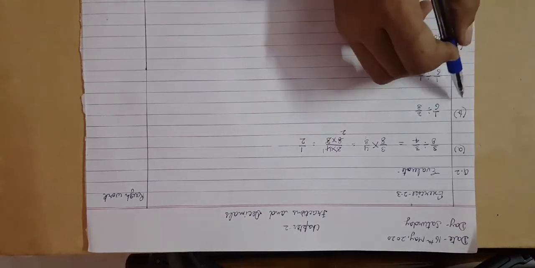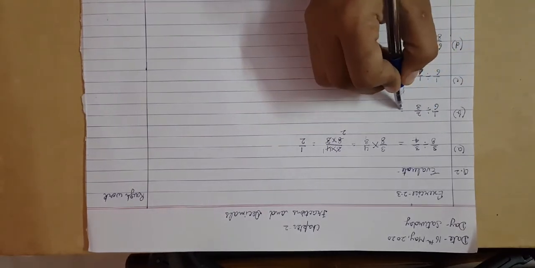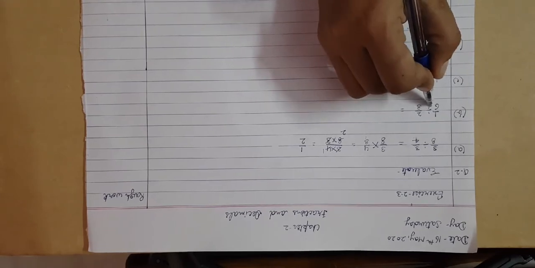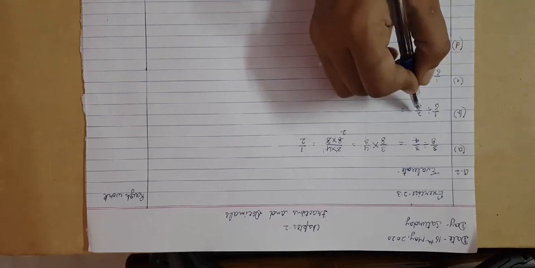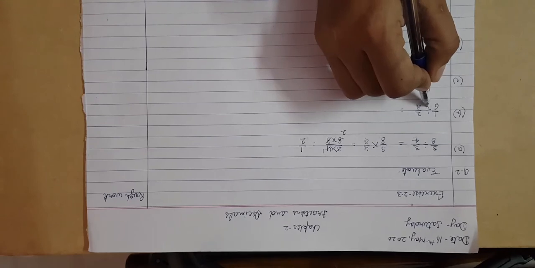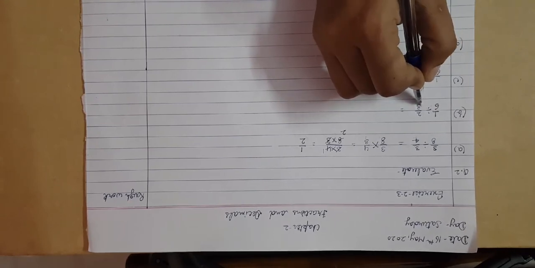Okay. B part: 1 upon 6 divided by 2 upon 3. Again 1 upon 6 is the dividend as it is written on the left side of this division sign, and 2 upon 3 is the divisor as it is written on the right side of this division sign. So while dividing two fractions, I told you we have to make two changes.